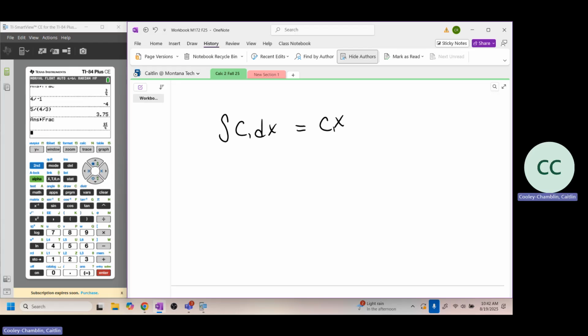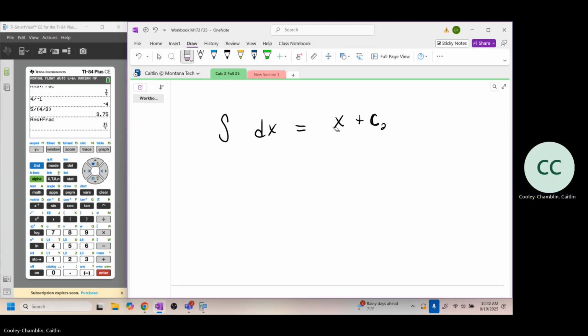So we just tack on an x plus our normal constant. That might be a little confusing. So if it was the integral of 5 dx, it would be 5x plus c. Maybe it's a little bit better with an example. So 5 dx, we get 5x plus c.